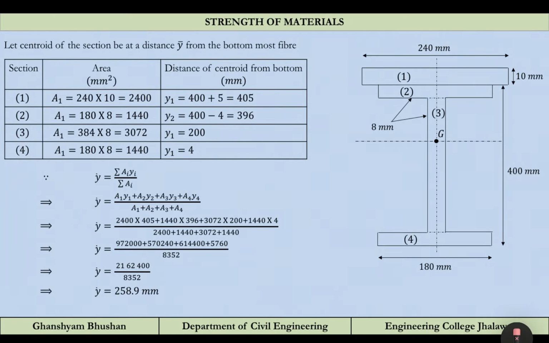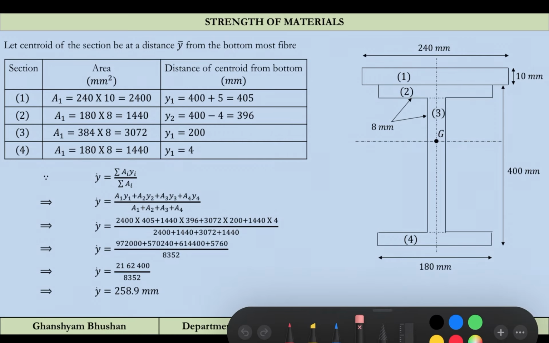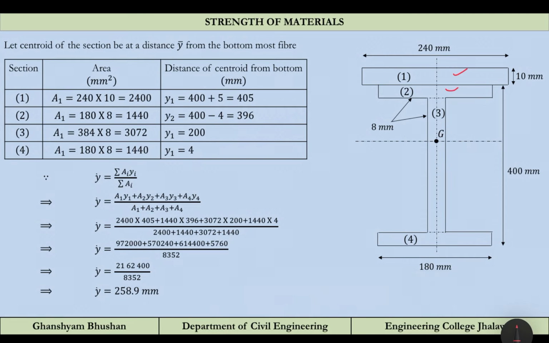Centroid is very easy. For simplicity, we have converted this whole composite figure into 4 parts. This is the first part, this is the second part, the third portion is the web, and the fourth is the lower flange. Section 1 is here, then 2, 3, 4. Refer to the particular number if you have any confusion.